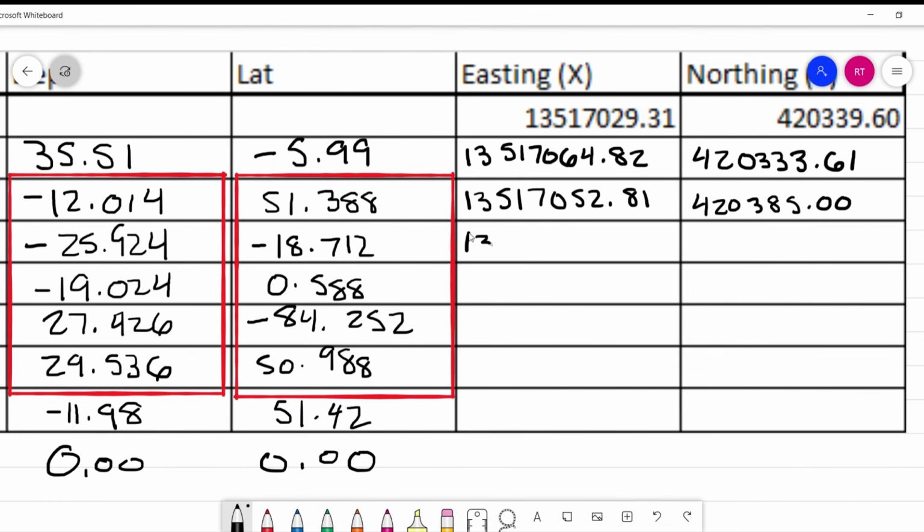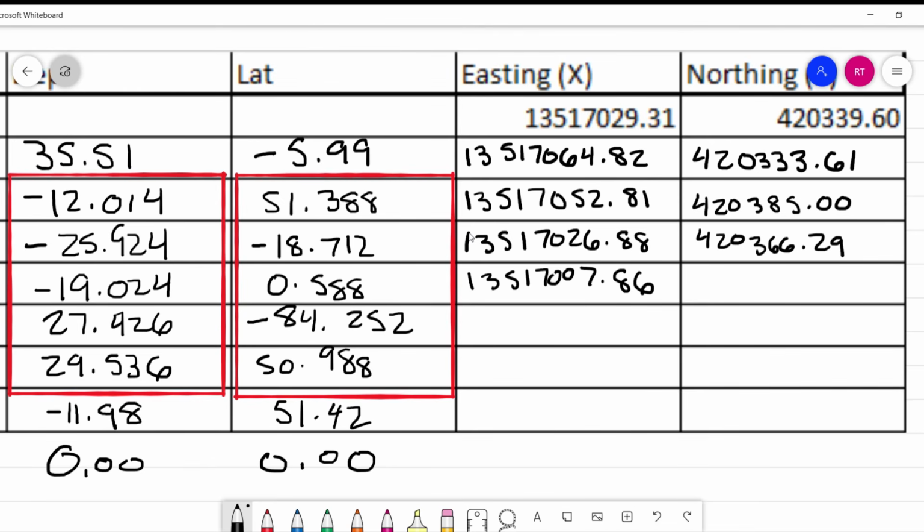Now we're going to use this easting plus this departure to get the easting of red. I get 1351726.88. The northing is 420366.29. Now the easting of blue is 1351700.07.86.